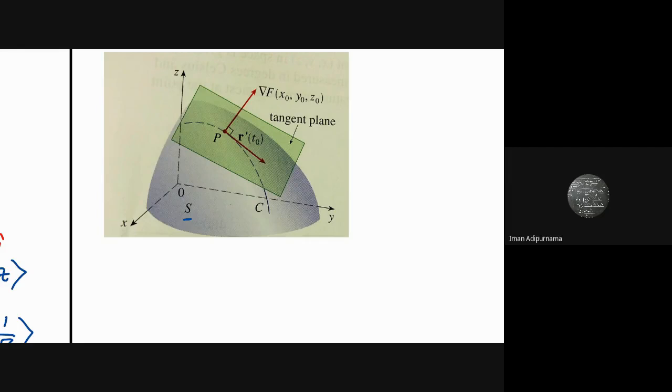And there is a curve C on the surface S, which has the vector r, and the vector r at point P will have the r prime(t0) with a parameter t. Okay.